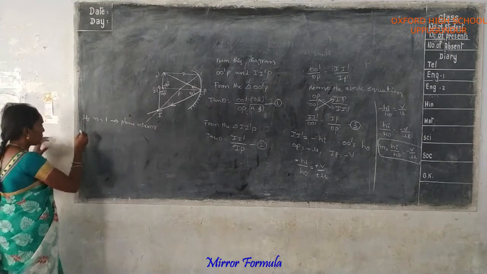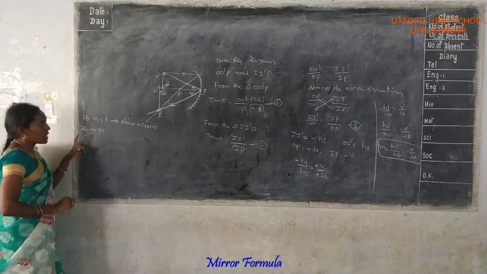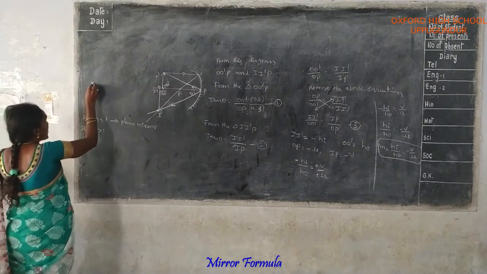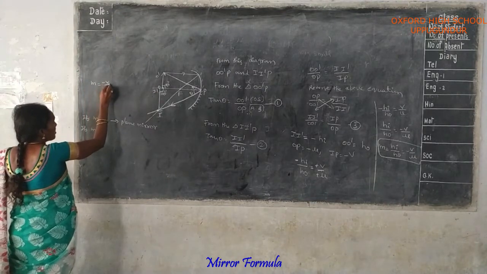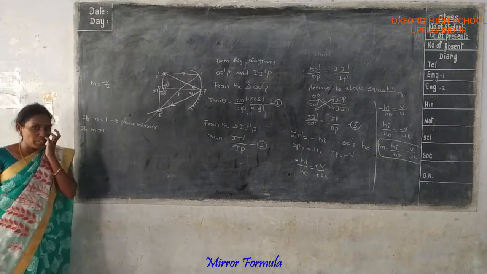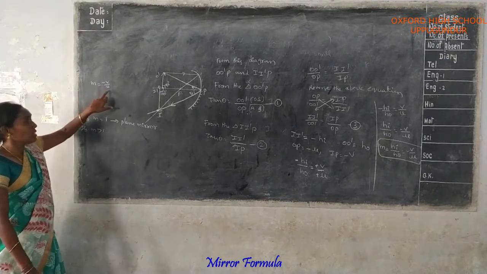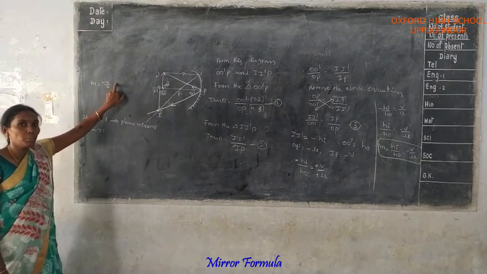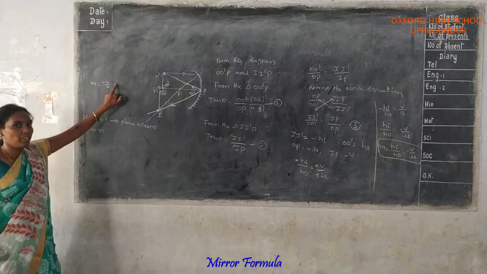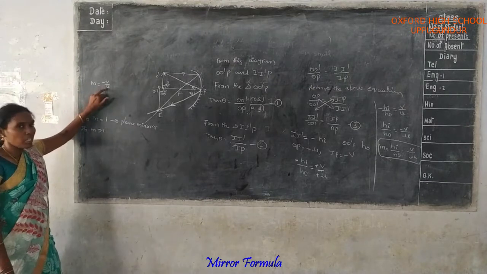And next, if the magnification is less than 1, magnification M is equal to image distance by object distance. In a convex mirror, it will always form a diminished image, not an enlarged image.